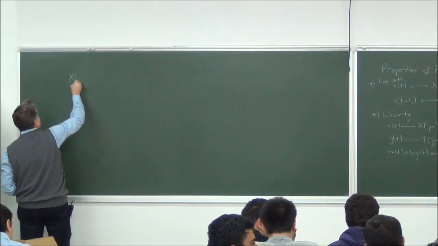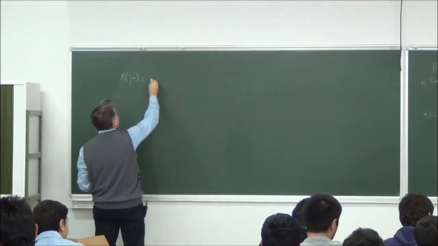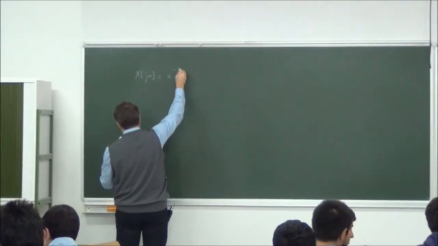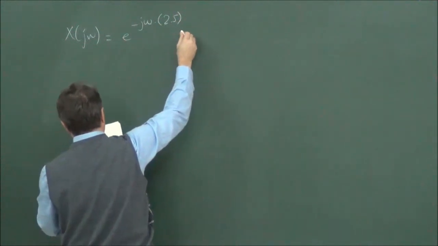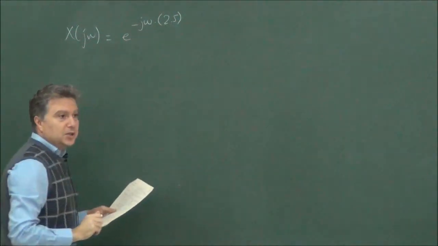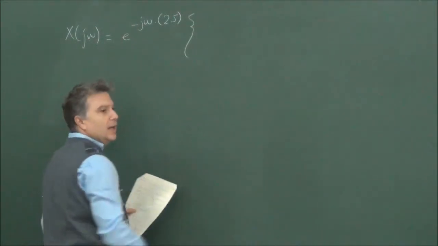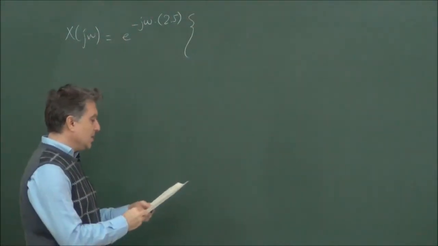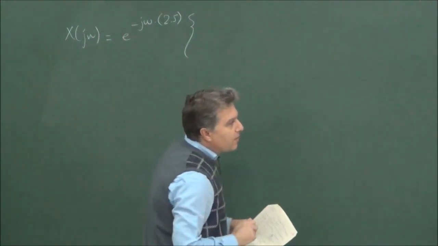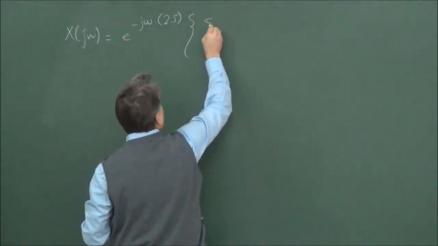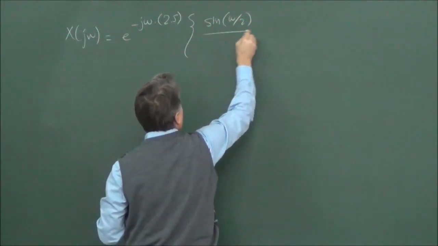That is X of j omega equal to e to the minus j omega times 2.5. That much shift is applied to the overall thing, and then I'll open a large parenthesis. Inside this parenthesis I have two expressions. One of them is half of the first, which is sine omega over 2 over omega.